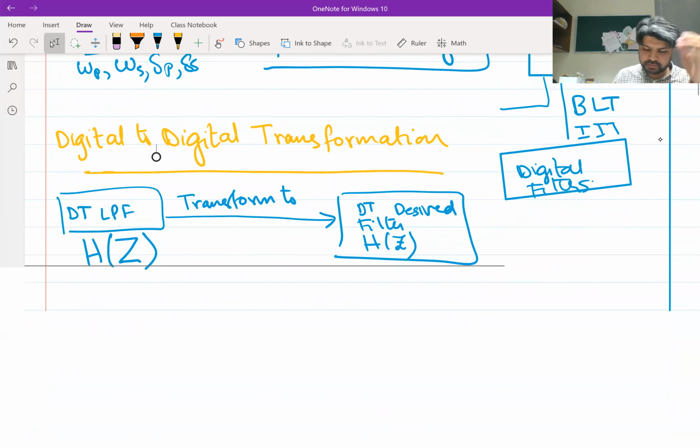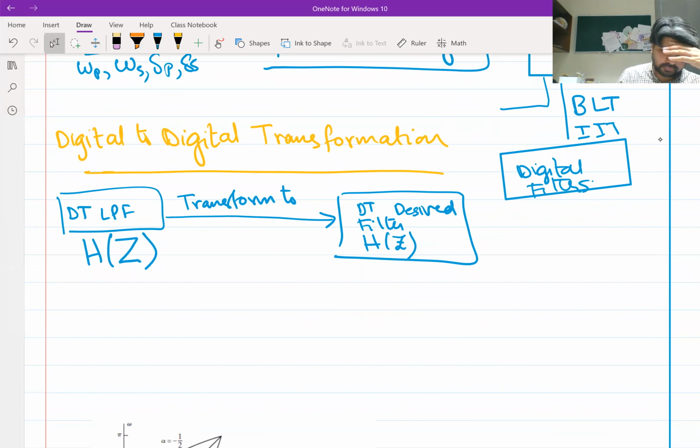And this transformation would be such that it is easier to do the transformation of z inverse rather than z. So the transformation would be such that capital Z inverse would be some function G of small z inverse.